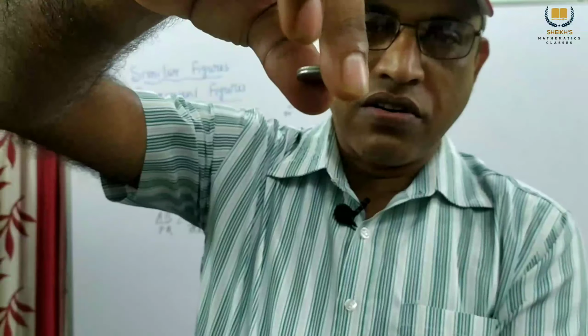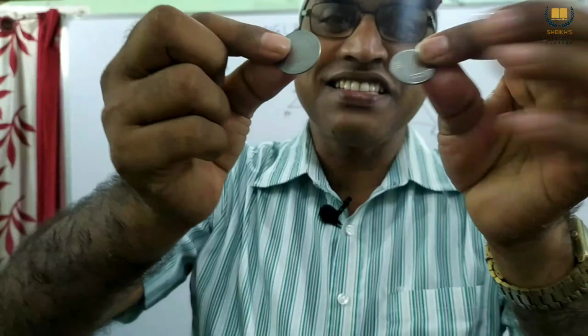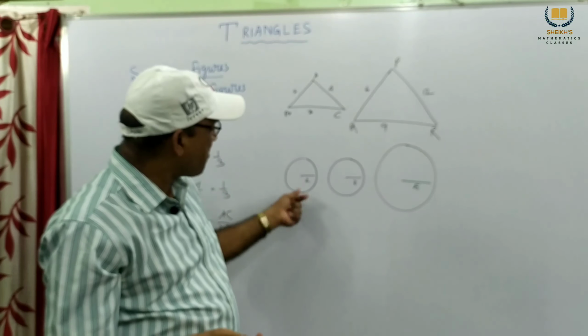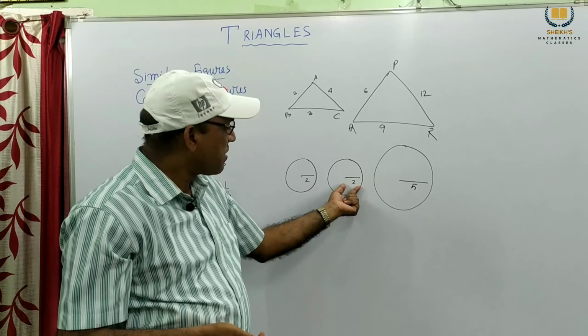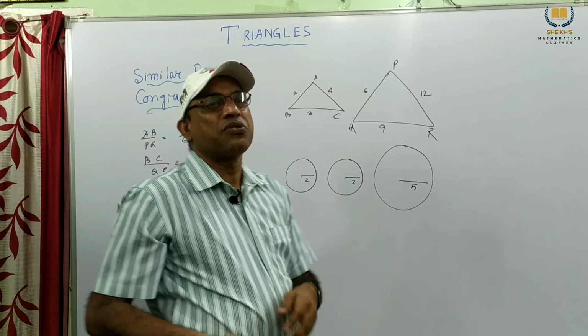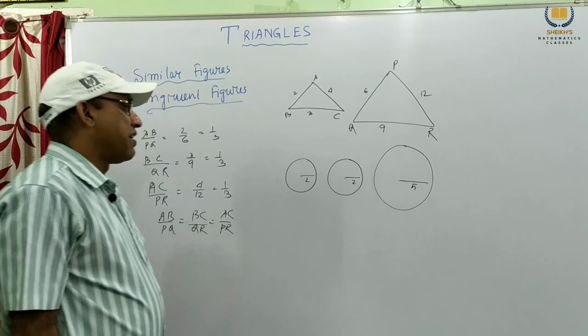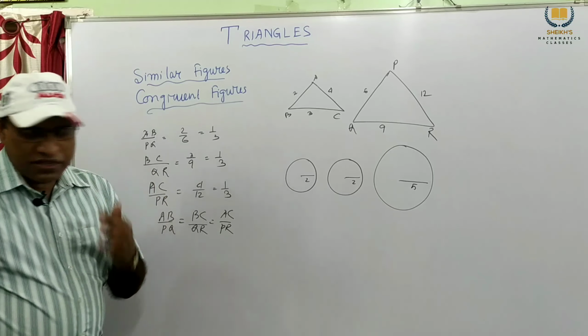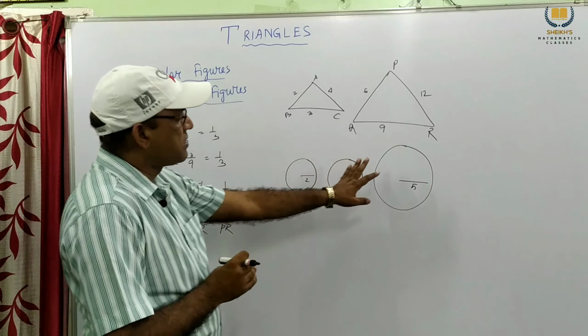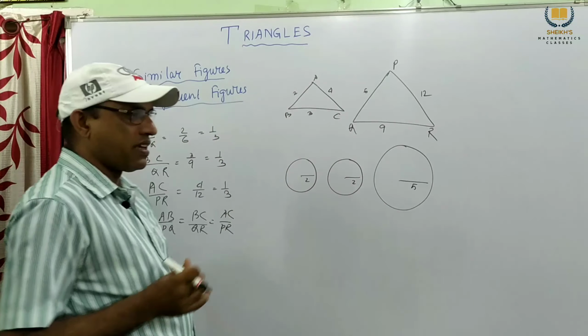So these two figures are congruent because their radii are same. But this and this similar, this and this similar. So for similarity we have two conditions. Congruent means just equal, but similar means one is small, another is greater.